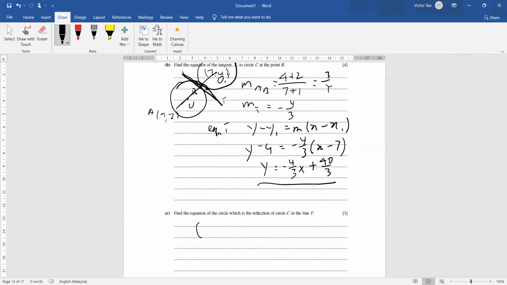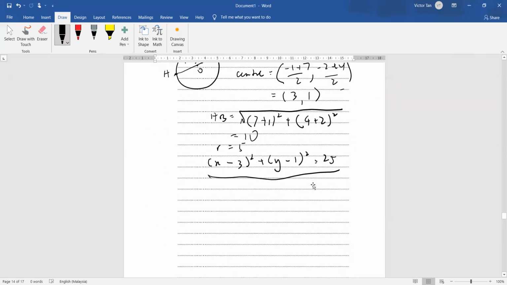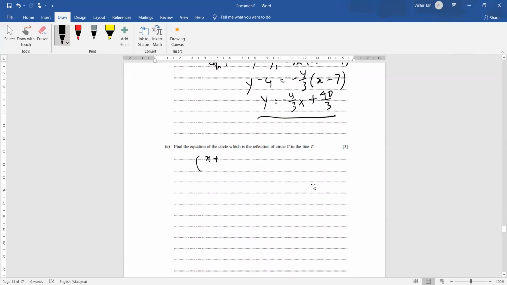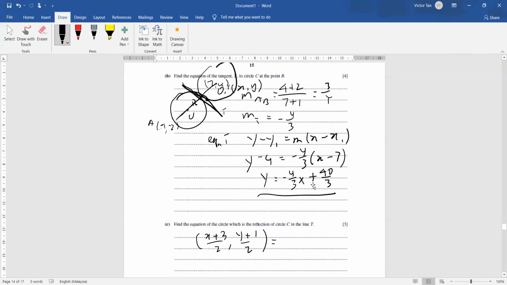So if the center has a coordinate of (x, y), then (x plus 3) over 2, where the center of the initial circle is (3, 1), and (y plus 1) over 2, equals the point B, which is (7, 4).